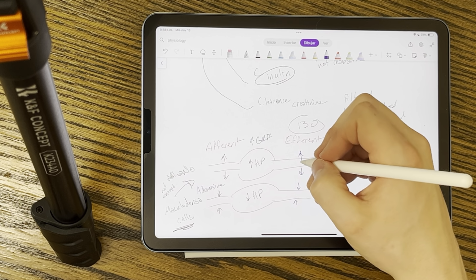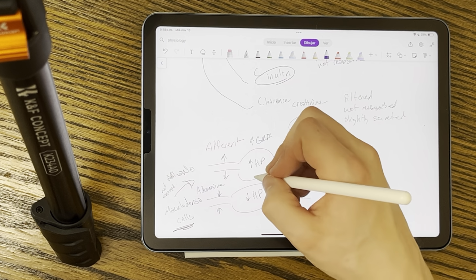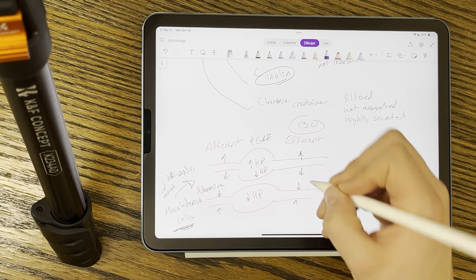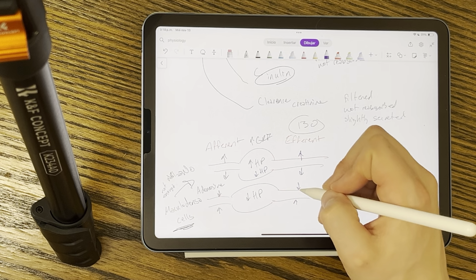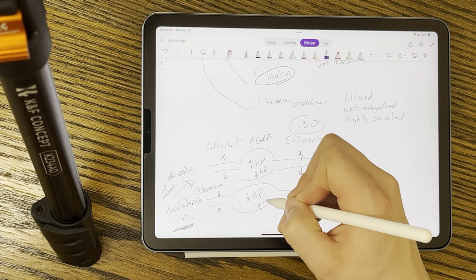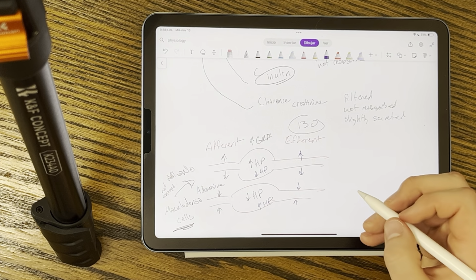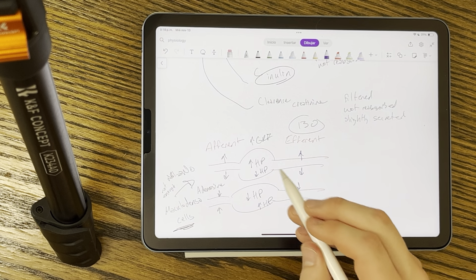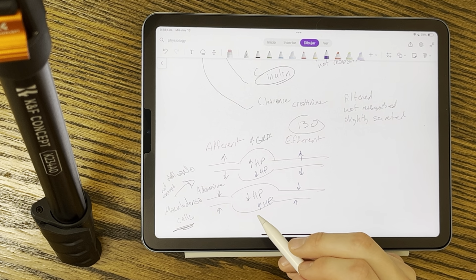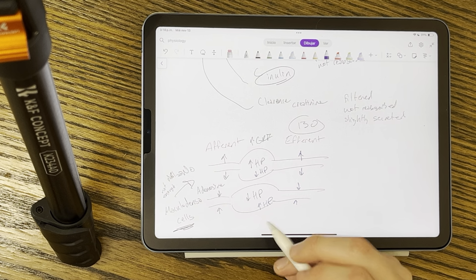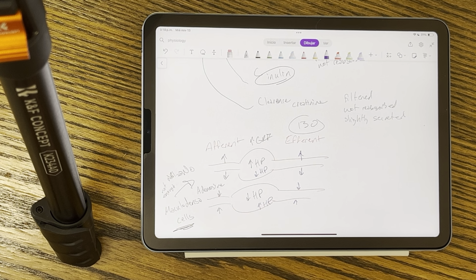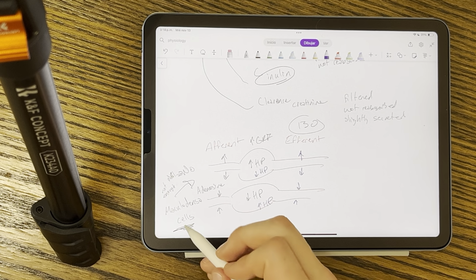In this case, if we increase here, we're going to decrease hydrostatic pressure. It's going to leave faster. But if we vasoconstrict, we're going to increase hydrostatic pressure. And so any of these methods can be used to regulate the amount of blood as well as the tubuloglomerular feedback, which is this.